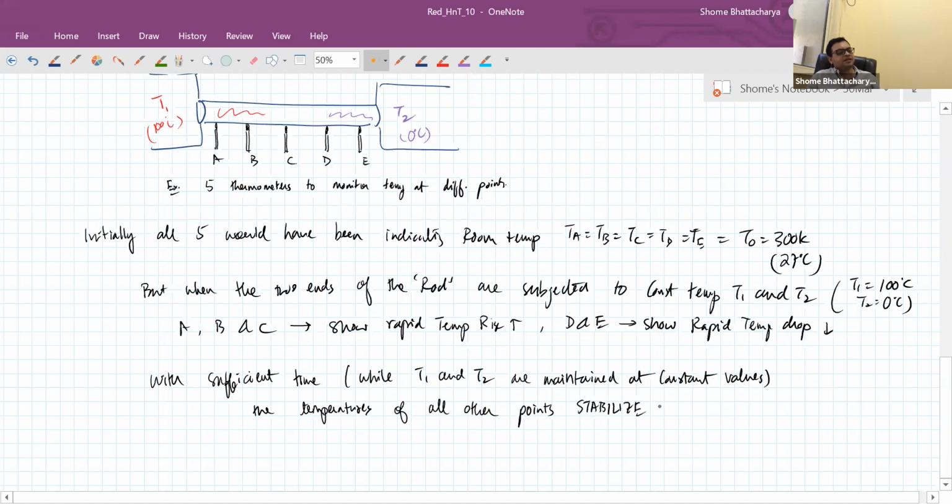So what we mean by stabilize is that they become constant with respect to time.